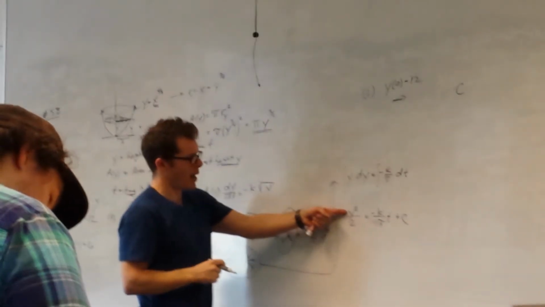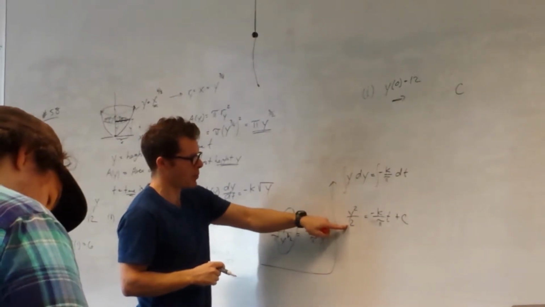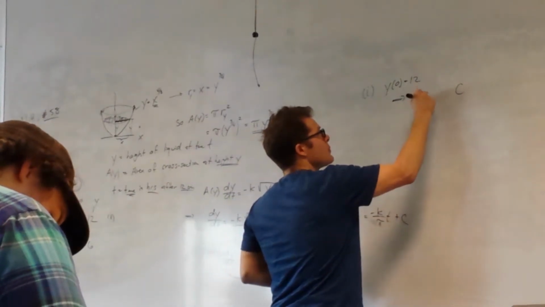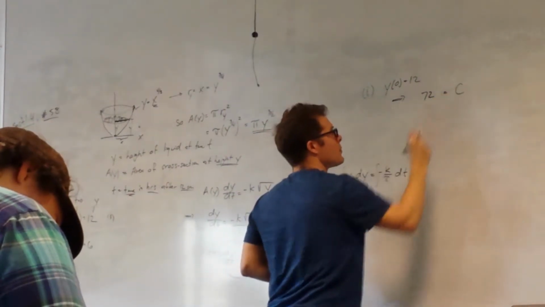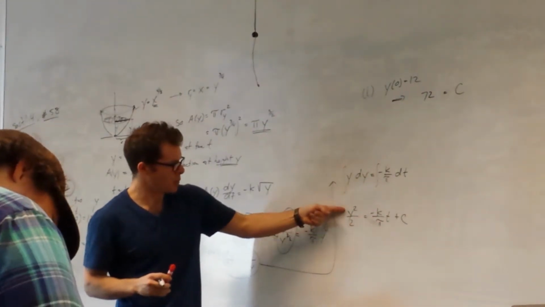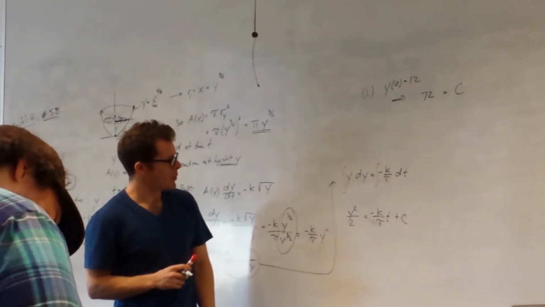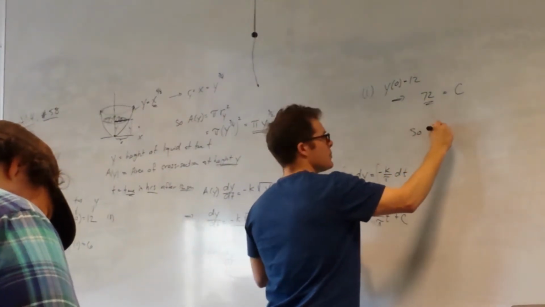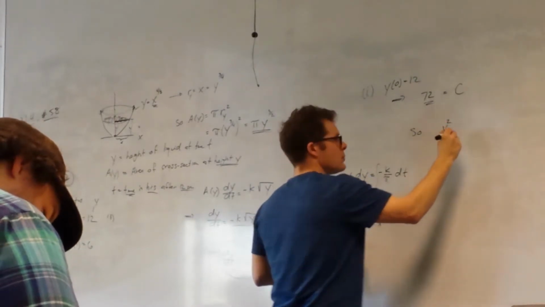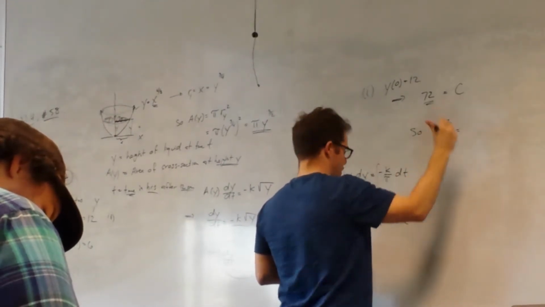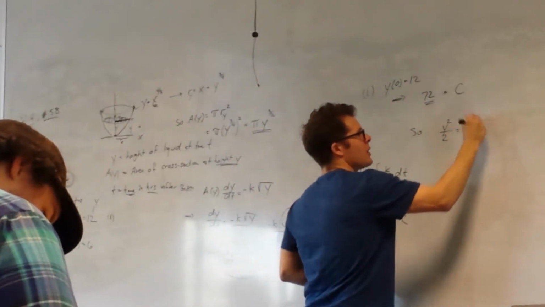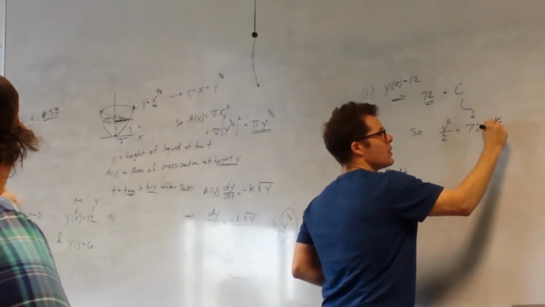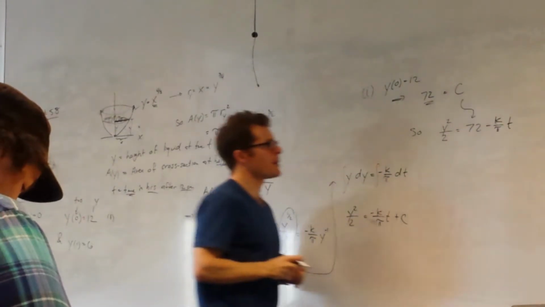But when I put in 12 for y, I'm going to get 12 squared, 144 over 2, which is 72. That zeroes out. 144 over 2, 72. So that gives us one of our constants. C is 72. I'm going to write it out front. Is that okay? C, and then I got minus k over pi t.